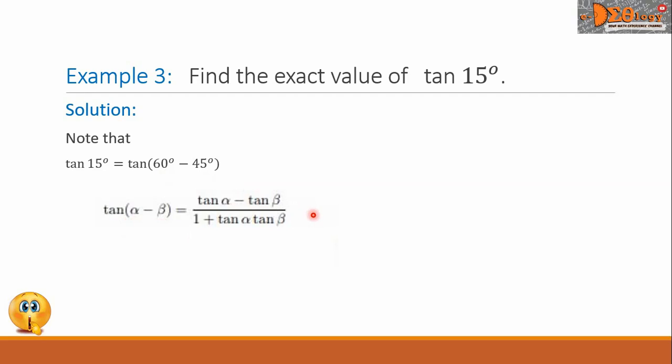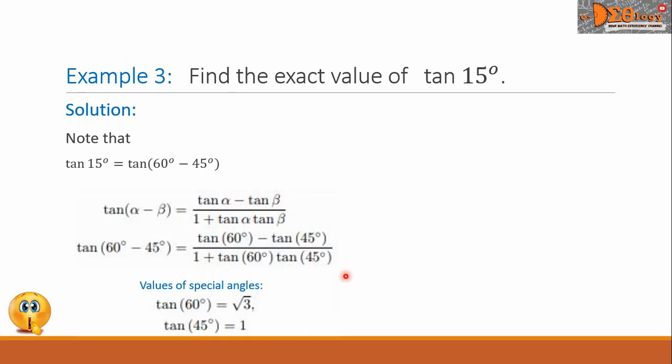Substituting the corresponding angles, we have now the tangent of 60 degrees minus 45 degrees equals tangent 60 degrees minus tangent 45 degrees all over 1 plus tangent 60 degrees times tangent 45 degrees. Our values for the tangent 60 degrees and tangent 45 degrees are here. We can get these values from our unit circle a while ago, considering that the tangent A is equal to sine A over cosine A.